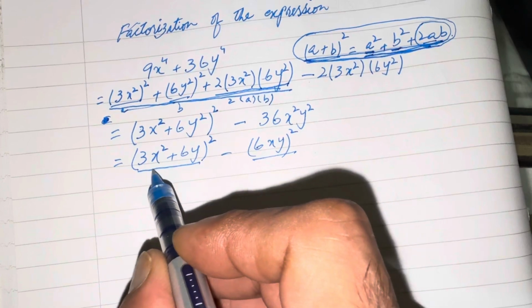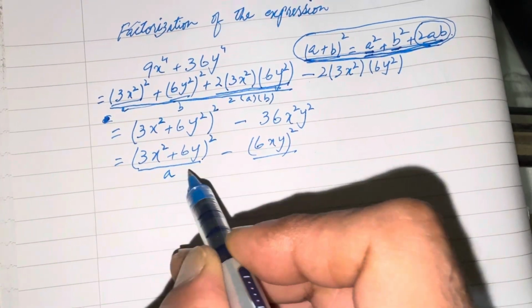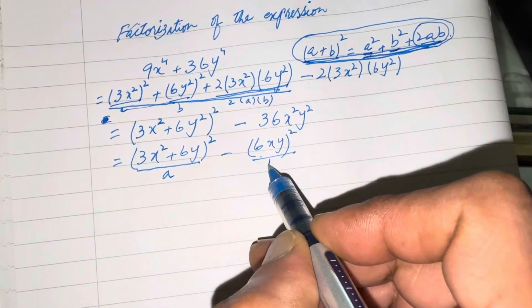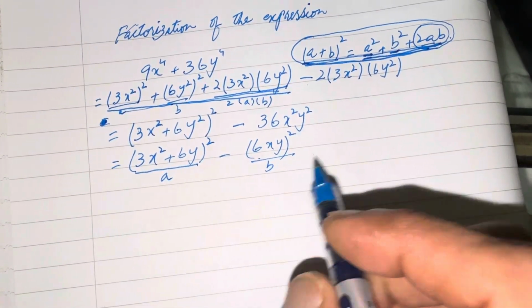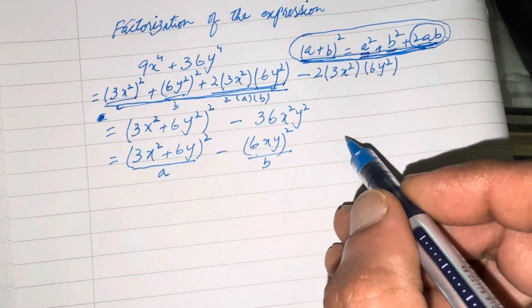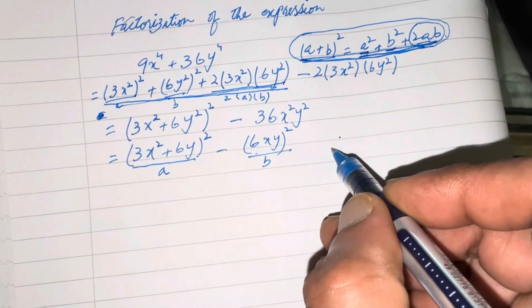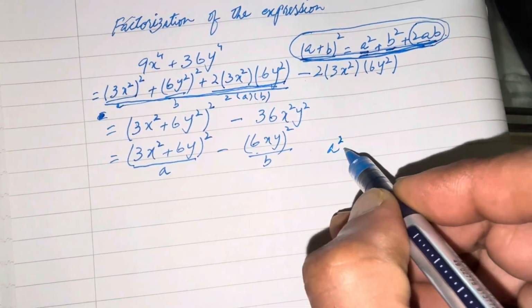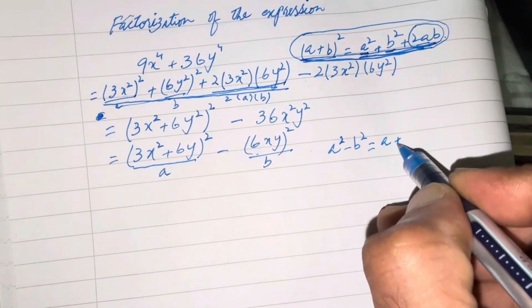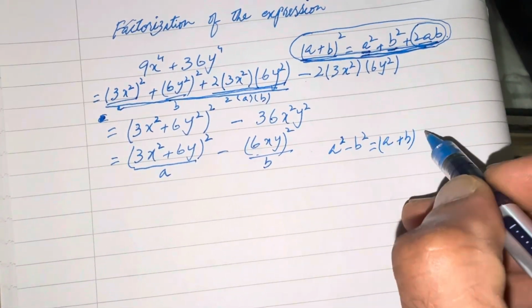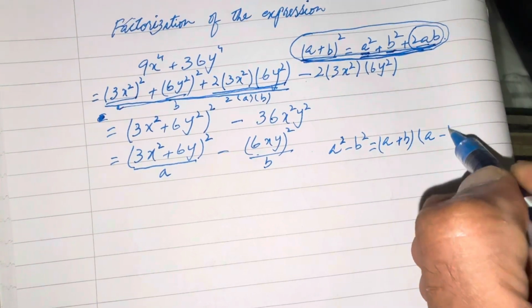Just suppose this whole expression is a and this expression is b, or you can say this term is a and this term is b. So if you remember that a square minus b square will be equals to a plus b into a minus b.